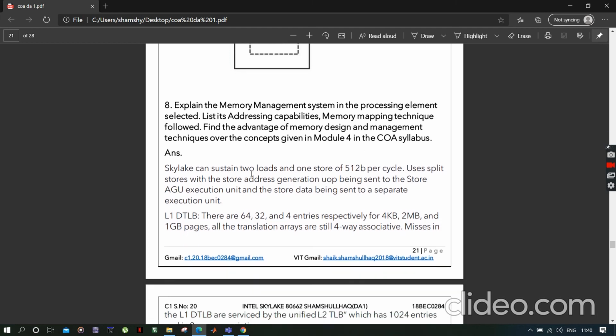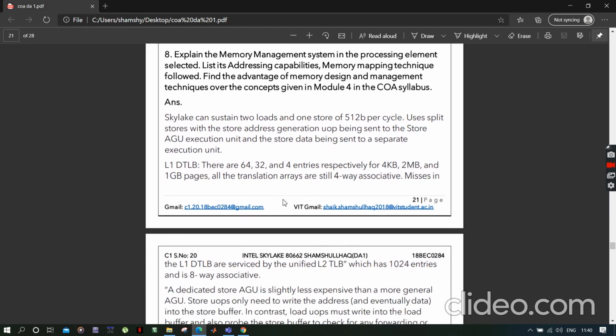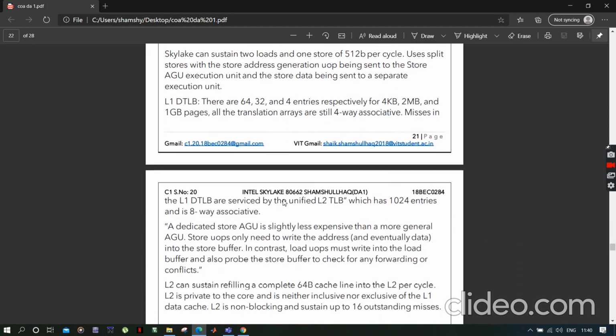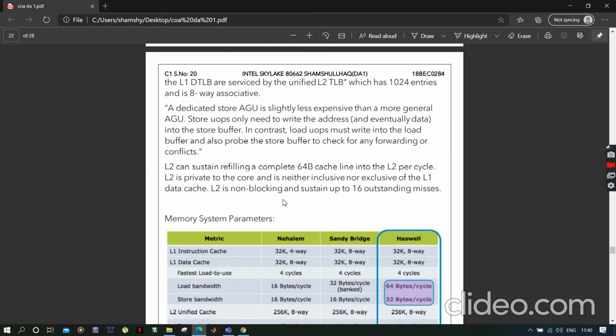The Skylake can sustain two loads and one store of 512 bytes per cycle. It uses split stores, with the store address generation sent to the store address execution unit and the store data sent to a separate execution unit. And here is further information regarding this question.